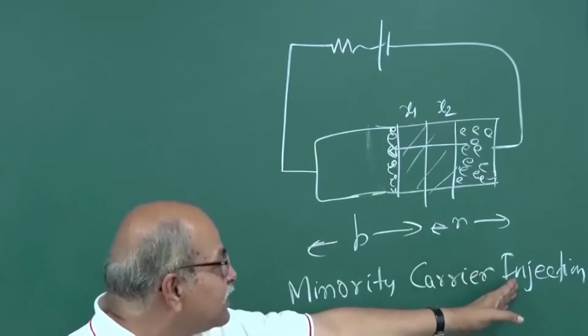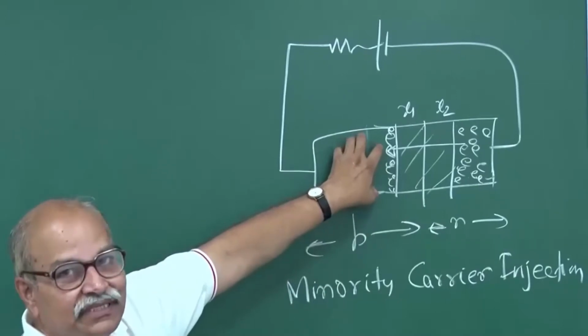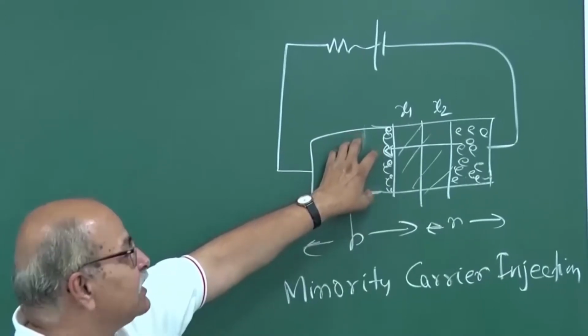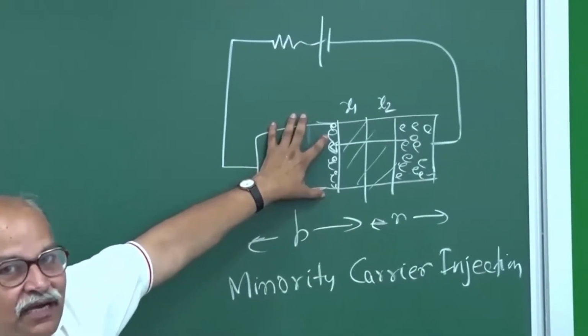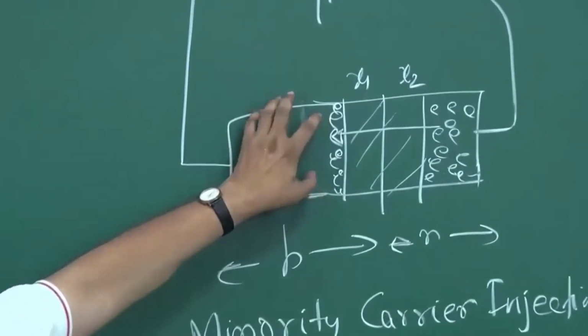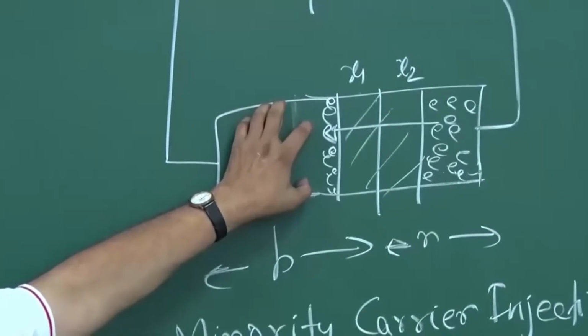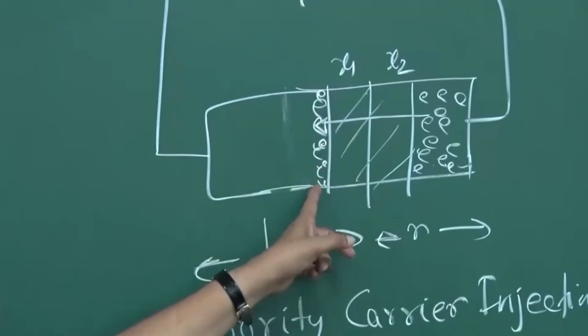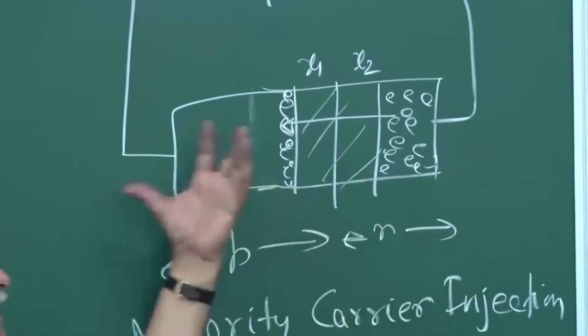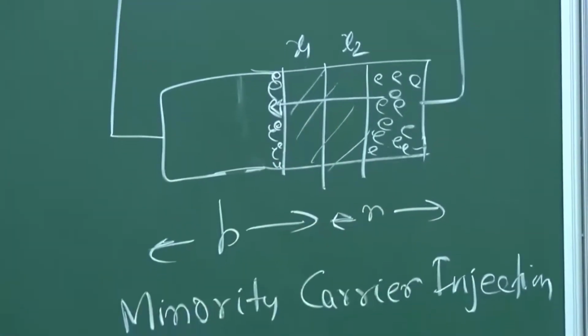This injection is in this portion. This is p side, and in p side holes are the majority carriers and electrons are the minority carriers, and we have put in extra minority carriers here, extra electrons here. So that is known as minority carrier injection.